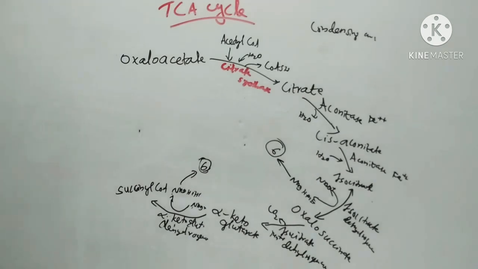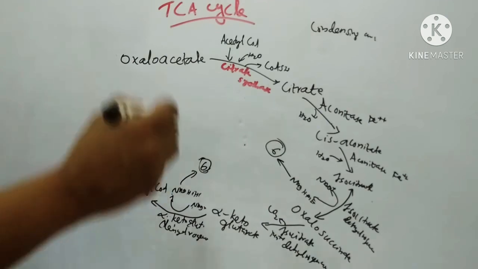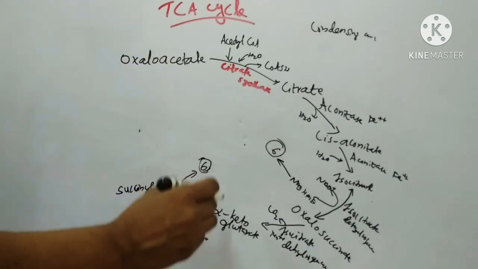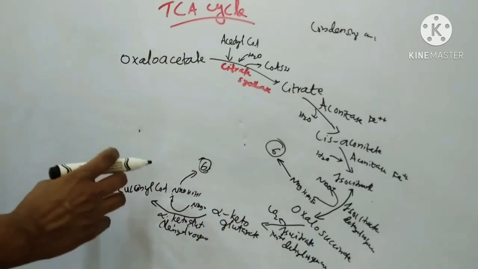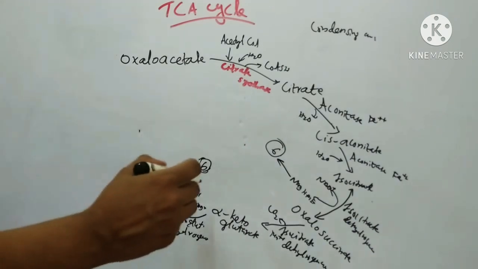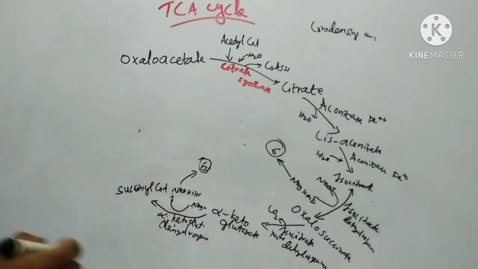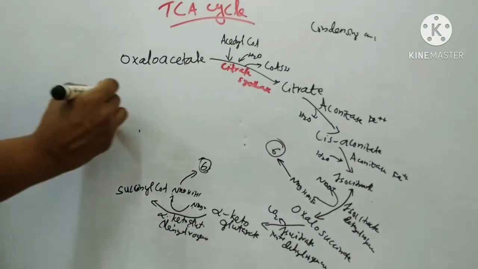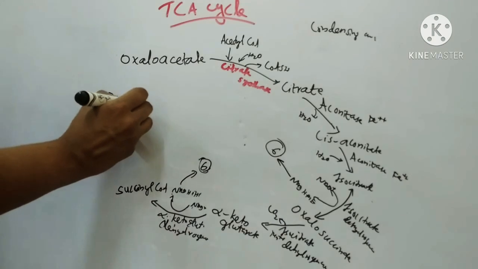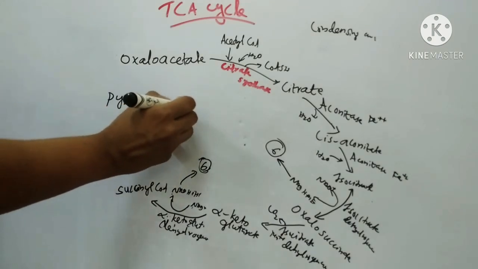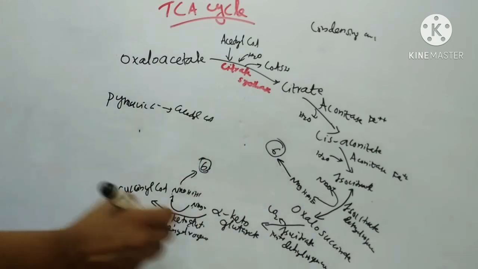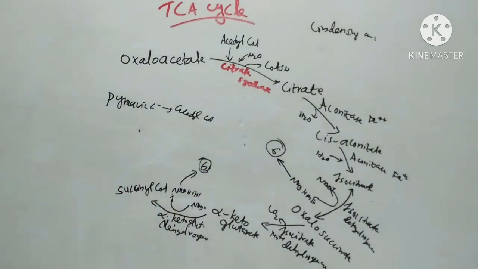The next step is from alpha ketoglutarate, formation of succinyl CoA. So that is oxidative decarboxylation. This reaction is analogous to the oxidative decarboxylation of pyruvic acid to acetyl CoA.